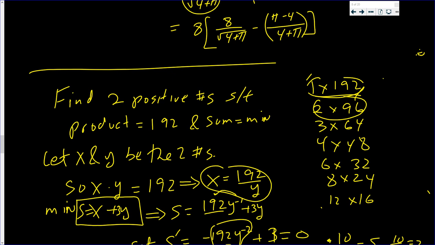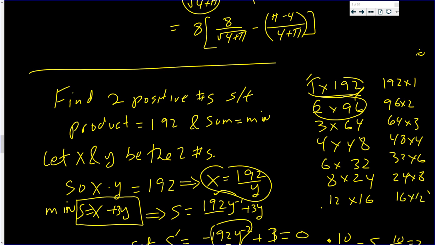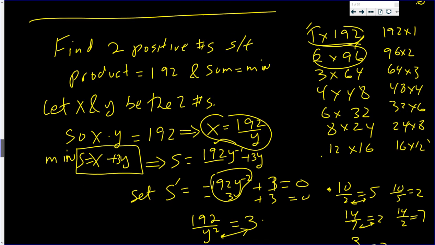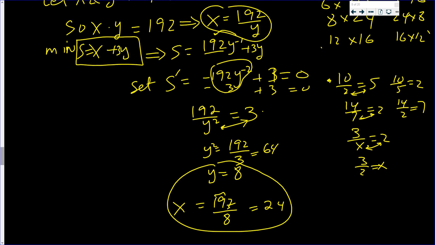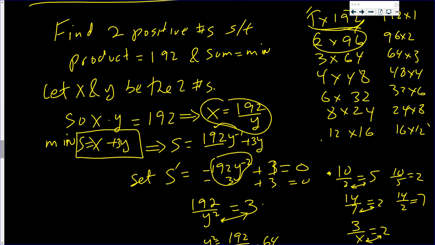So you also have to have 192 times 1, 96 times 2, 64 times 3. Since I forgot the answer, I'm going to keep doing this: 24 times 8 and 16 times 12. It seems that x is 24 and y is 8, and this gave us the smallest sum.